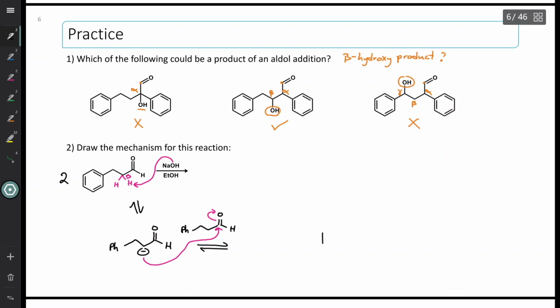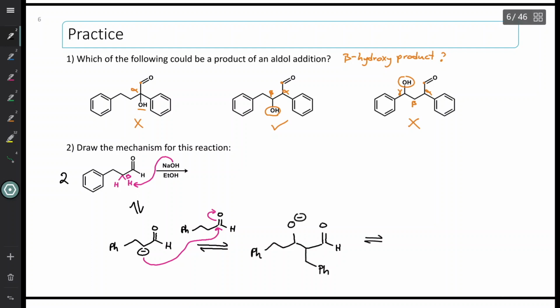Again, I like drawing the beta hydroxy product always the same. So here's my beta hydroxy. Actually, I'm getting ahead of myself. It should just be the O minus, okay? But now let's fill in all the parts that are missing. So off of my original aldehyde is this phenyl group, like this. And then this is also a phenyl off of this group.